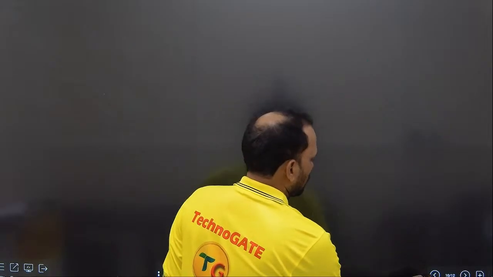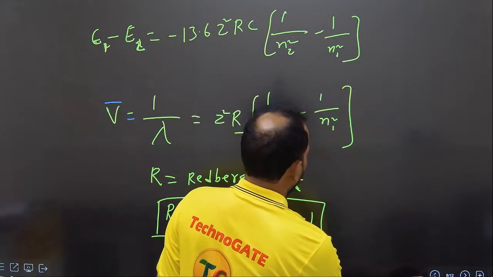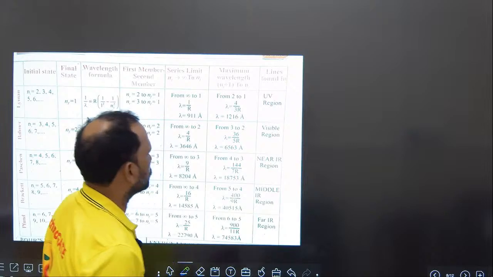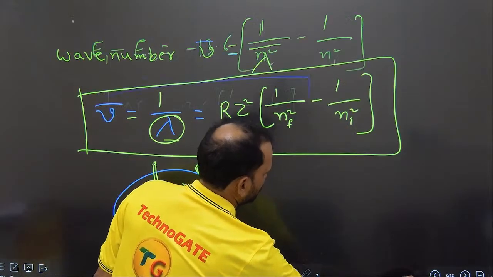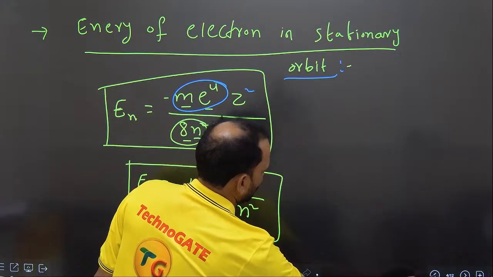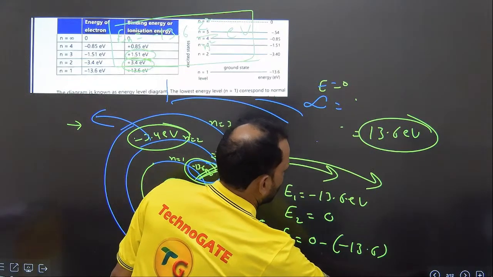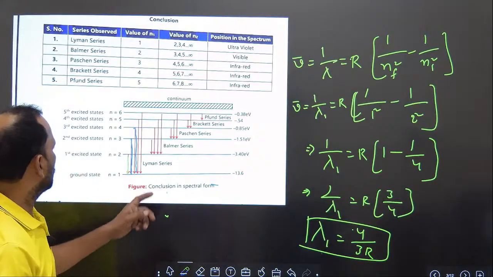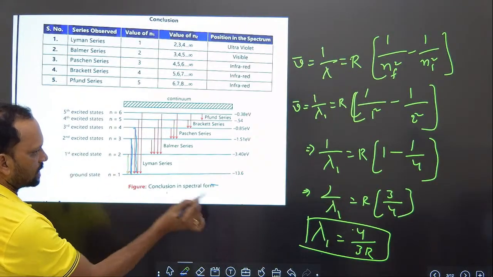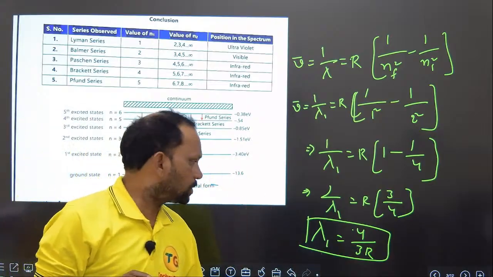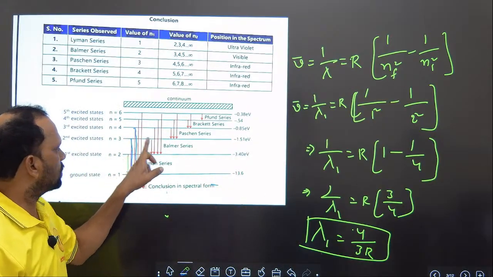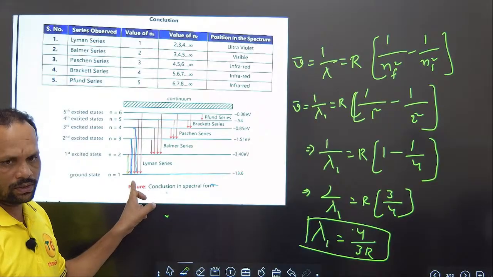Then next, the limiting value. We have found the first member and also the second member, so it is simple; we just substitute. If you want the second member, n2 is equal to 3 and n1 is equal to 1.